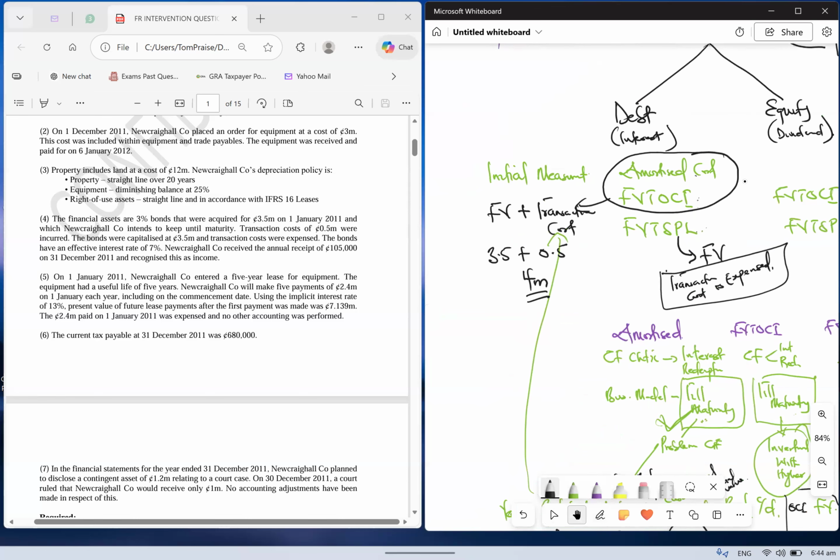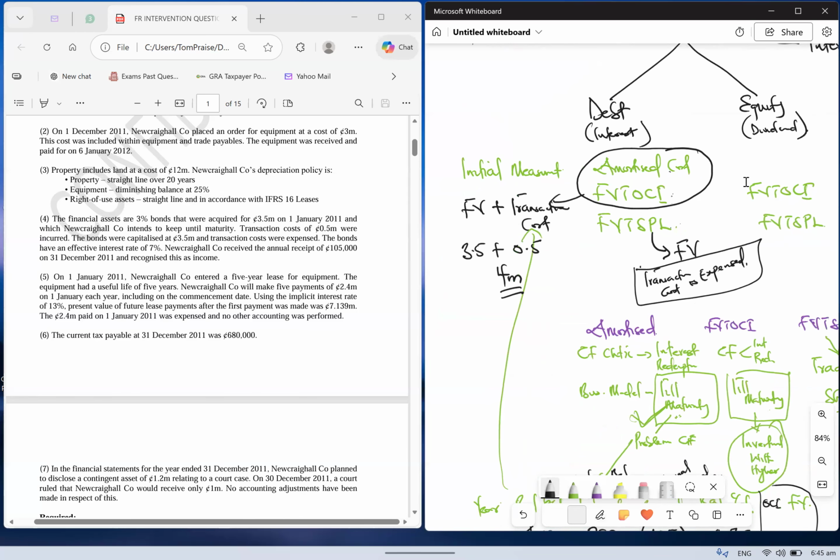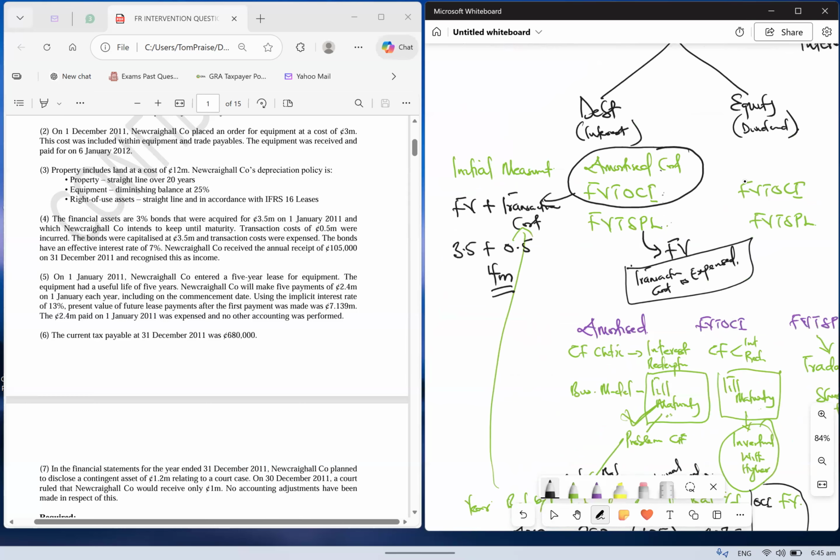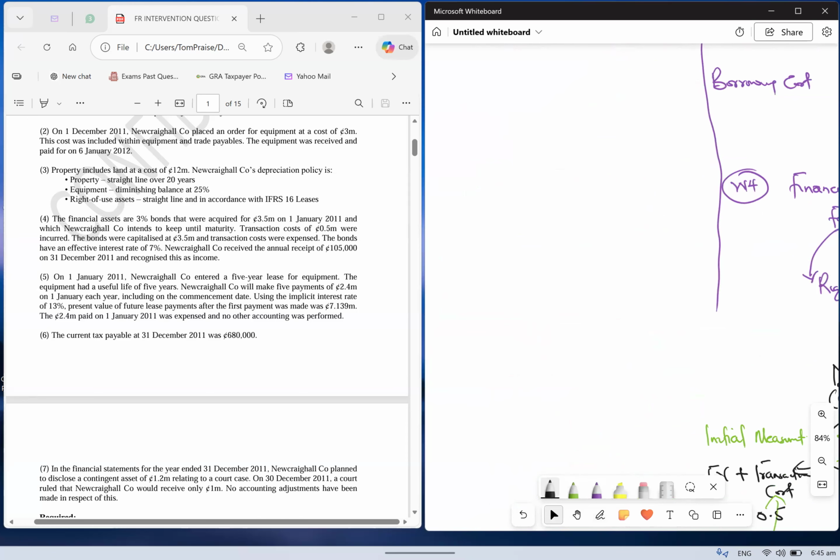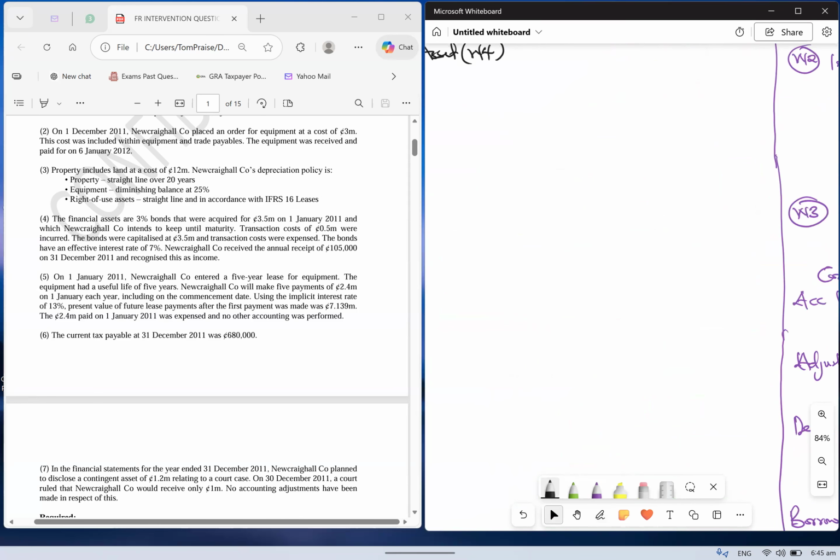Now, if it is fair value and they expensed it, then it means they shouldn't have expensed it. So we need to go back and adjust. You see, the transaction cost was expensed. You can't expense it; you rather add it to the fair value. So if they expensed it, then we've made a mistake. Can you correct that one?